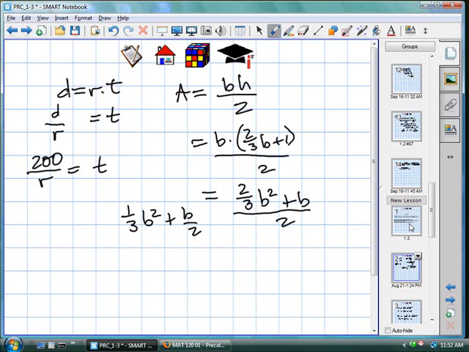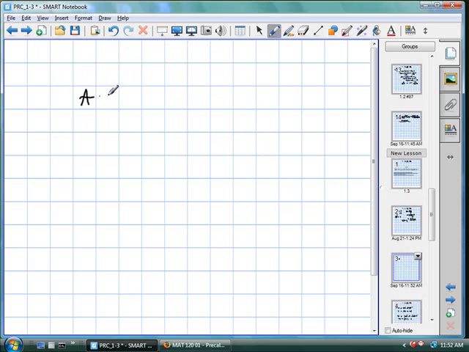Let me throw another page up here, and let's take another common formula. You probably recognize that one, the area of a circle, pi times the radius squared. Well, what if you had the area, but you wanted to find the radius?